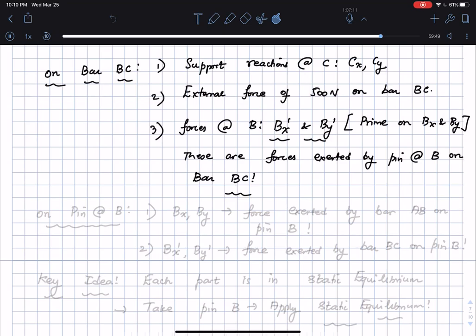Then on the pin at B, I have two sets of forces, Bx and By.